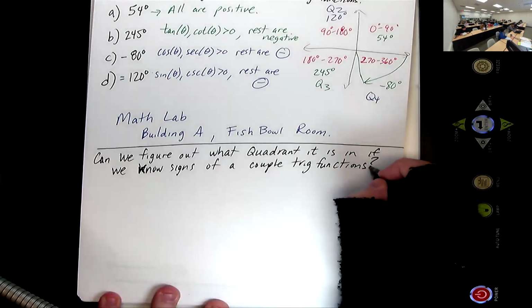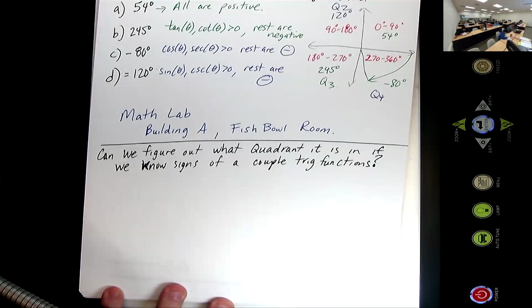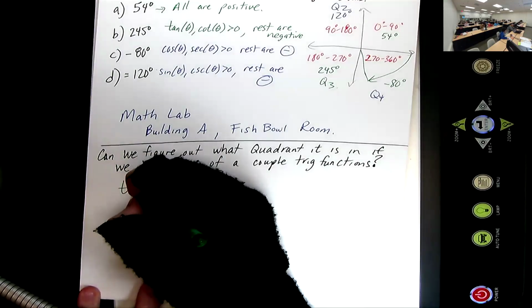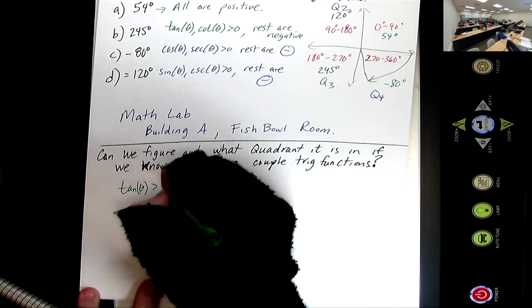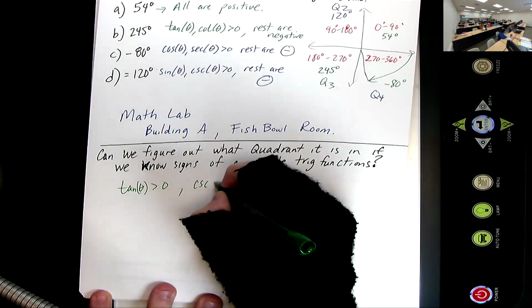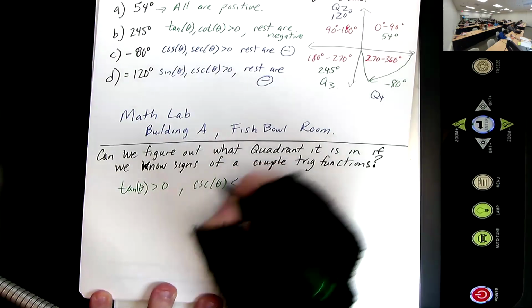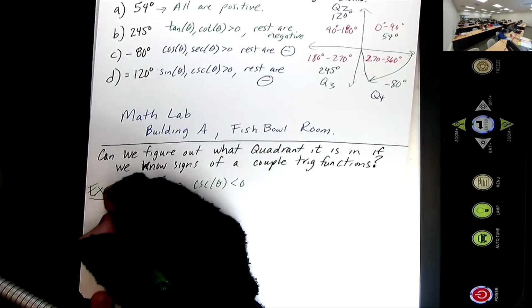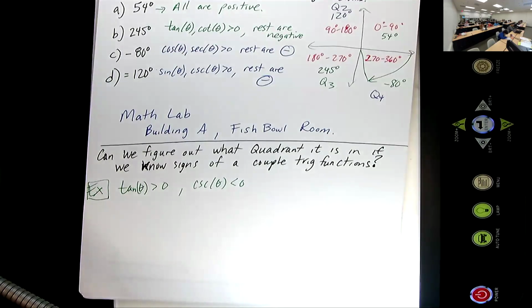Like, what if we have tangent theta greater than 0, and we know cosecant theta is less than 0. Can we figure out what quadrant we're in based off that?